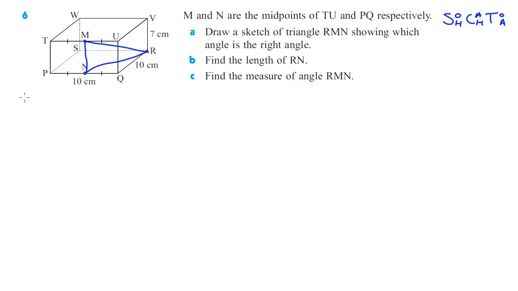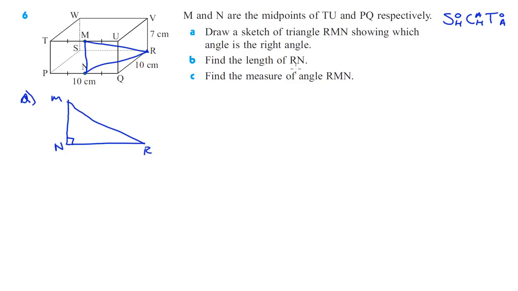So let's redraw this. So here's M at the top, and it goes straight down to N, and N goes directly over to R, and then R connects diagonally back up to M. So there's our right angle for A, right?